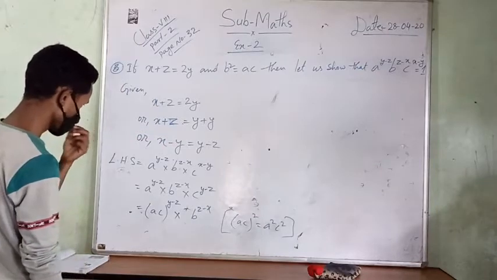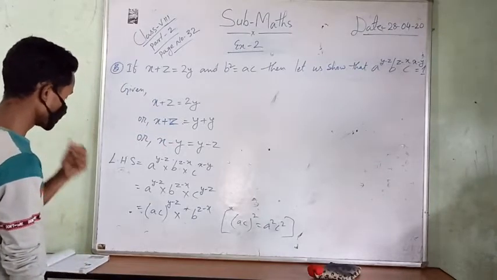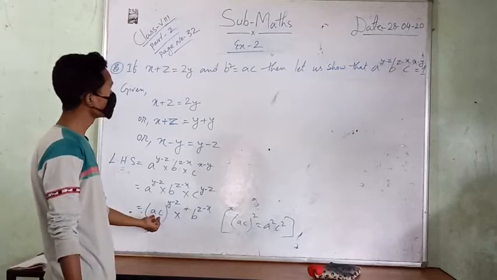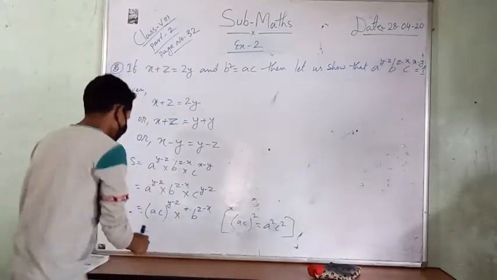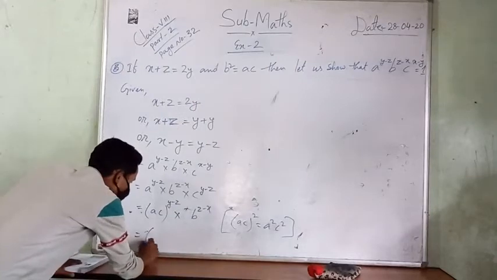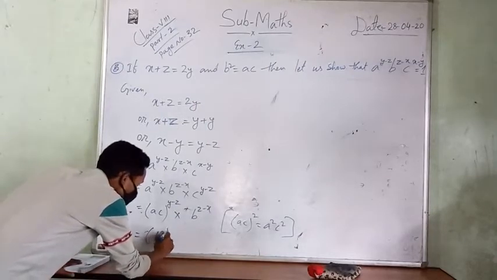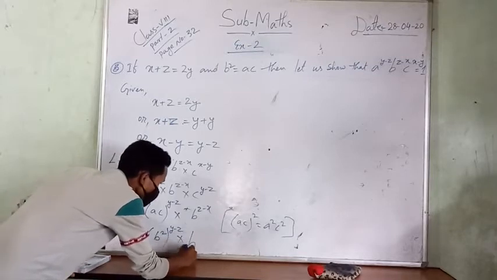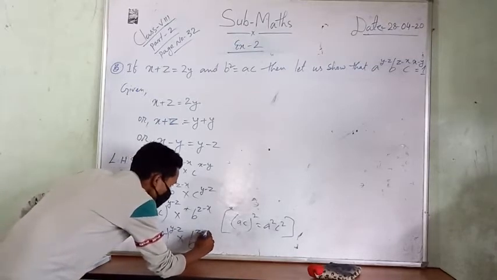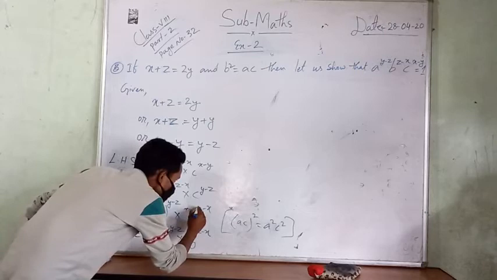Now, ac means b square. Then I will write there b square to the power y minus z into b to the power z minus x.